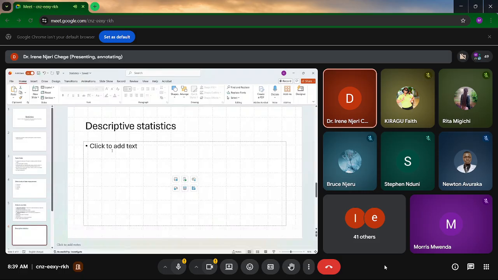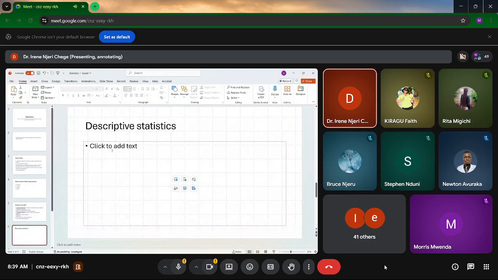Number 1, central tendency. When we talk about central tendency, it is where is the center of data? Where is the data located?